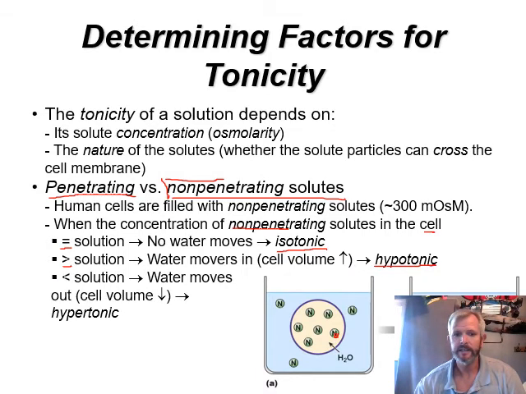And finally, if the non-penetrating solutes in the cell are less than what's in the solution, where's the water going to move? It's going to move towards the area of higher non-penetrating solutes, which in this case is outside the cell, and that will shrink the cell, decrease its volume, and that makes this solution hypertonic.